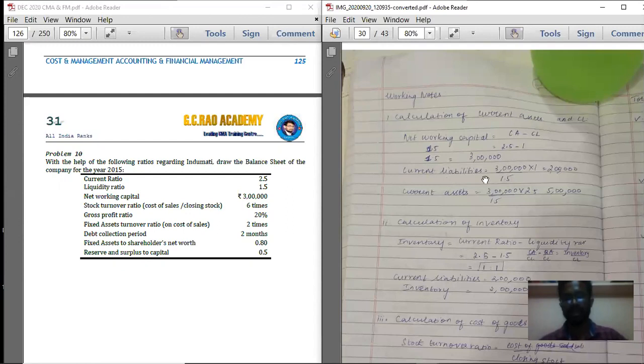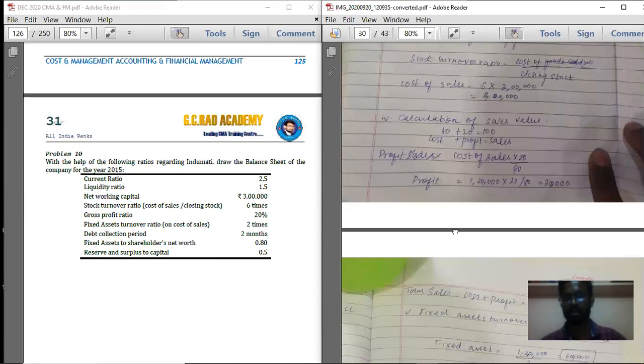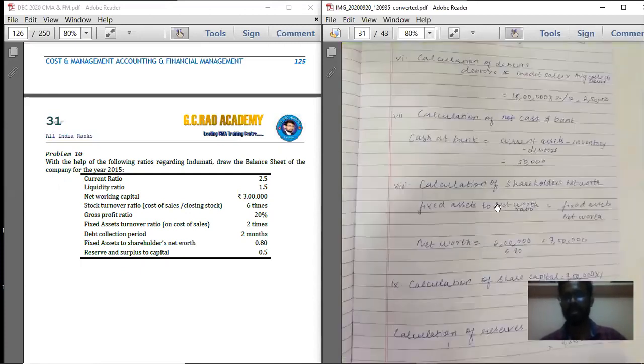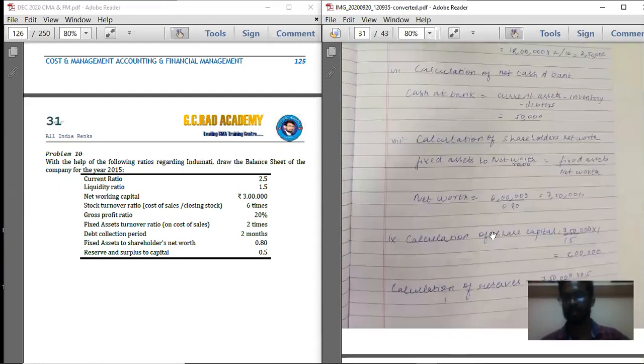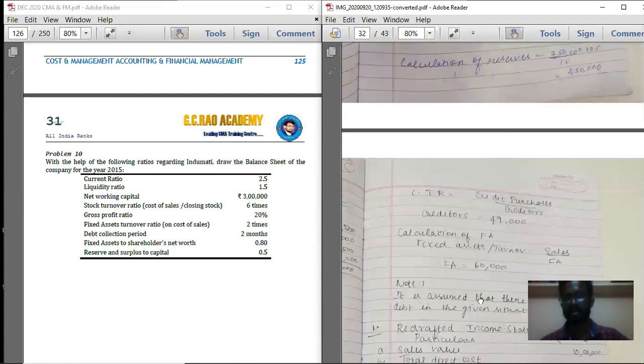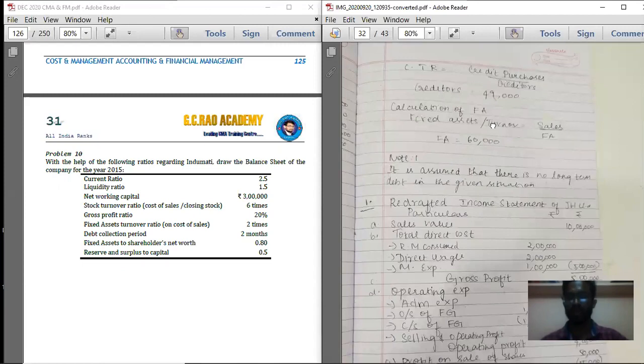Current assets, net working capital is current assets minus current liabilities. Inventory, you can find cost of goods sold, sales value, fixed asset turnover ratio, debtors, net cash bank, shareholders net worth, calculation of share capital, calculation of reserves, creditor turnover ratio, calculation of fixed assets. All are repeated formulas.